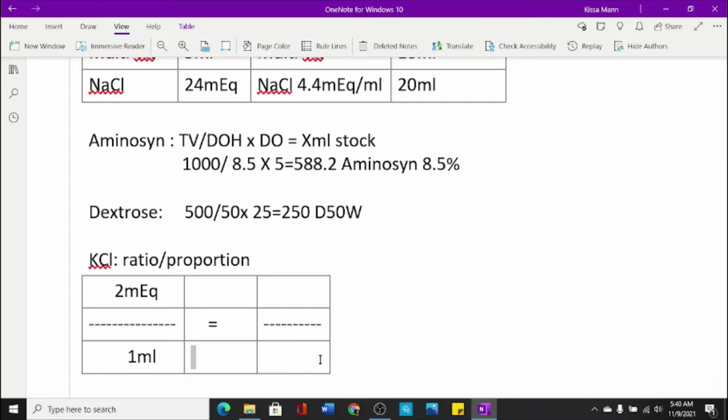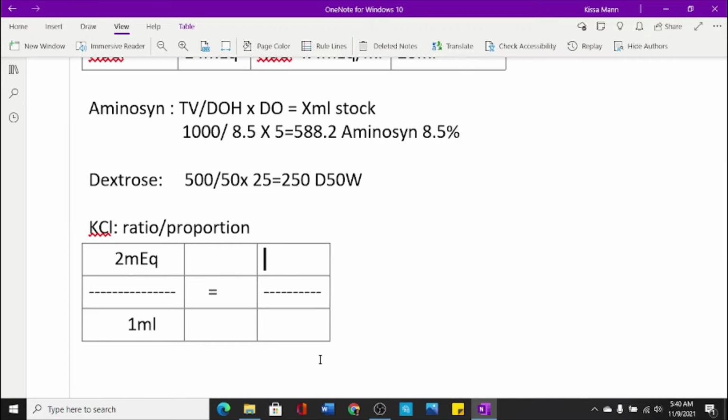Set it equal to dose ordered, 24 milliequivalents, over our unknown value. We don't know how many milliliters will yield 24 milliequivalents. We will cross multiply and divide.